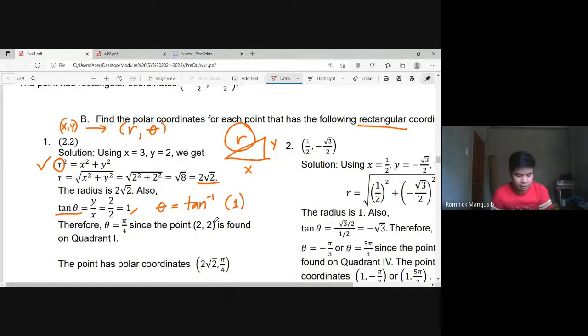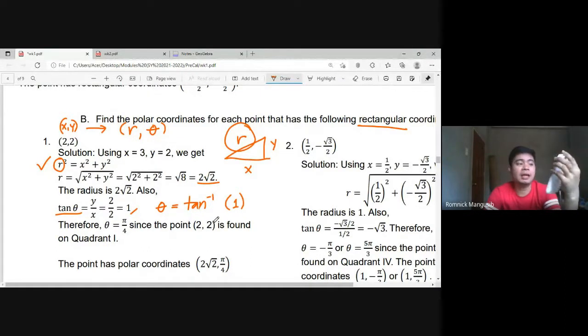so tingnan natin, i-radian natin yung calculator. Arctangent 1, kung gusto mong diretsyo ng naka-radian ang sagot mo, iset mo muna ng radian ng calculator mo, and then you now have to press arctangent of 1. Magpapakita sa calculator ninyo is pi over 4. Automatic. Okay?